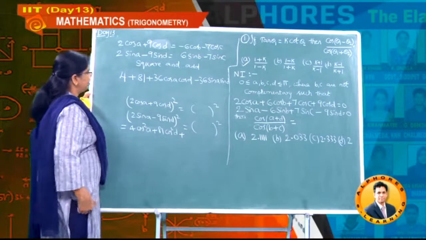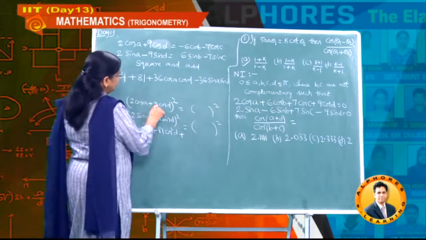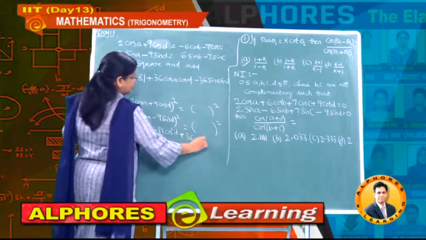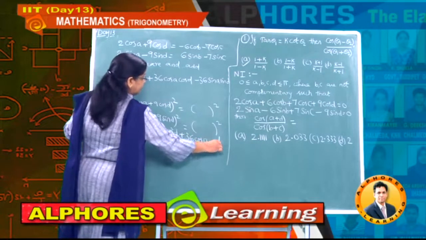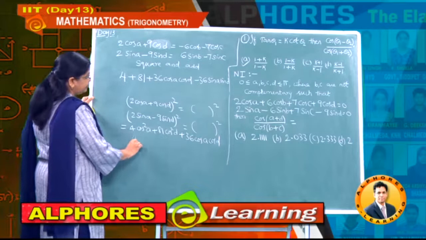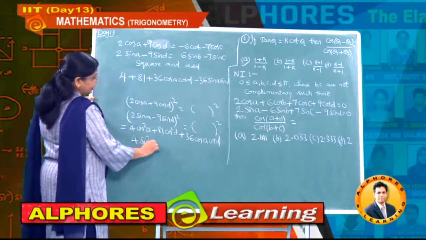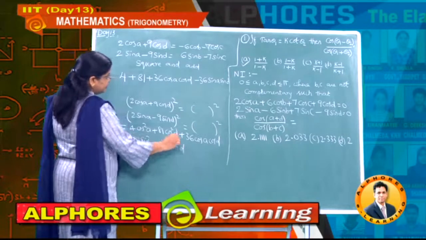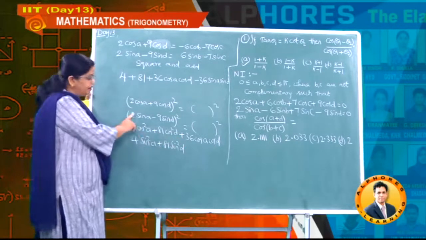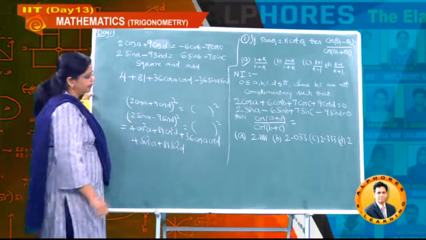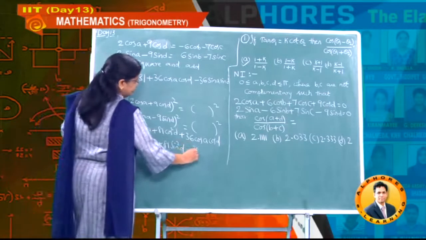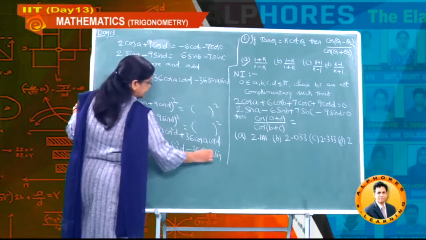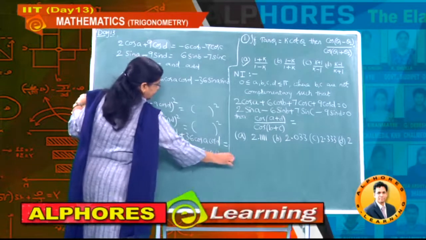So what is 2AB here? It is 36, 18 into 2, 36 cos A cos D, and next value here, this is 4 sin square A and plus this is 81 sin square D. Students, observe again, what is the value here? 18 into 2, 36, so minus 36 sin A sin D, and again RHS anyhow it's there.